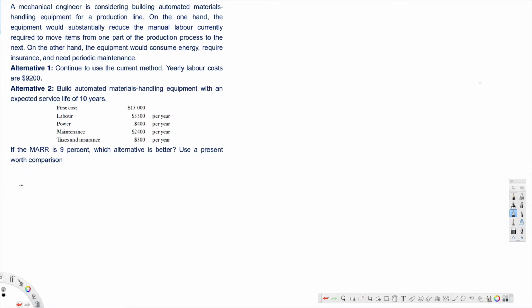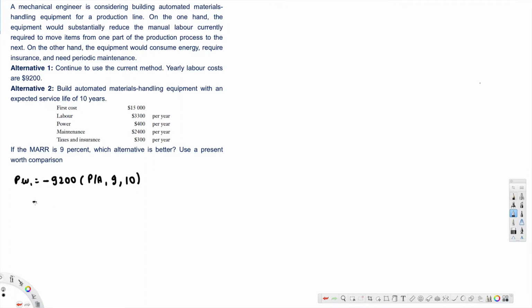Okay, let's continue here. So first use the alternative 1 method, that's present worth 1. That's equivalent to the yearly labor cost, that's 9,200. It's a cost, so I put negative 9,200 times P over A. It's given 9%, so I put 9, and it's for 10 years, so I put 10 right here.